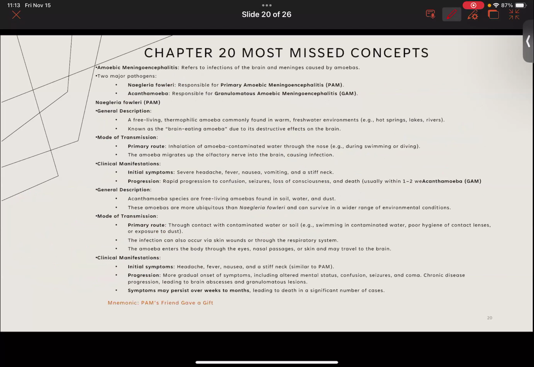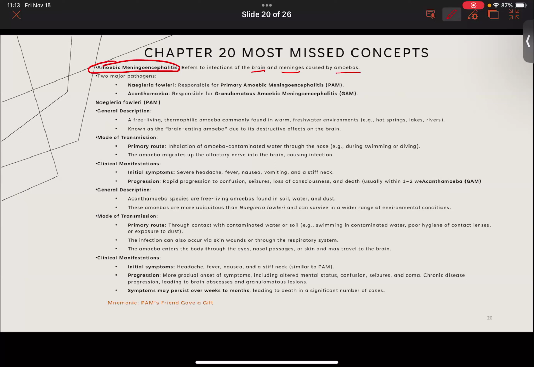All right, our next one is our brain-eating amoeba, our amoebic meningoencephalitis. Infection of the brain, meninges as well. Okay, so brain and meninges are inflamed here from the infection caused by amoebas.